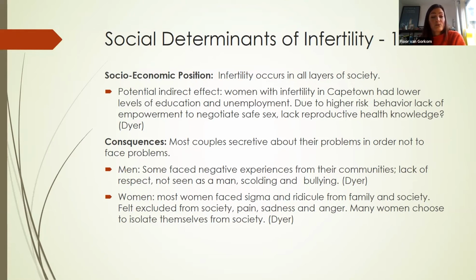And women report that they also face stigma and ridicule from not only their family, but also their society, and that they feel very excluded from society, and that they suffer with pain and sadness and anger, and therefore they isolate themselves.